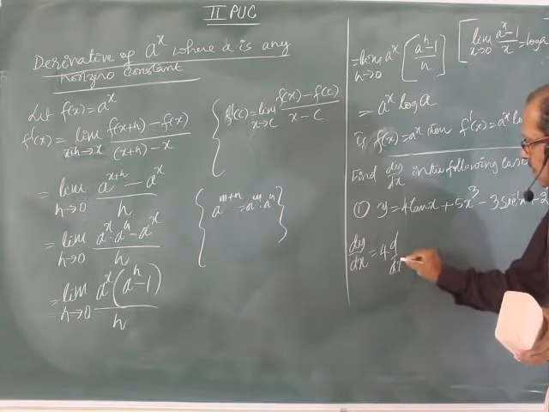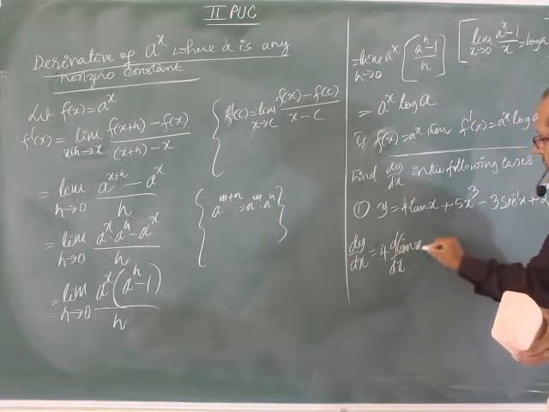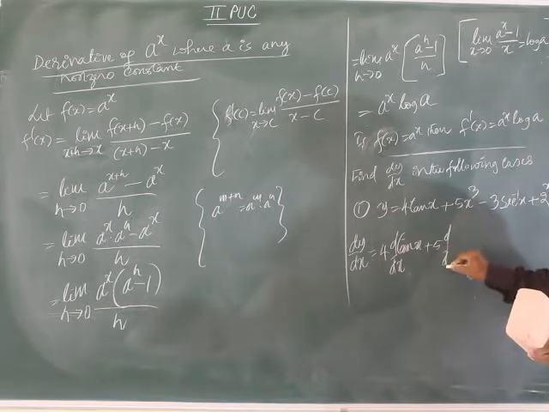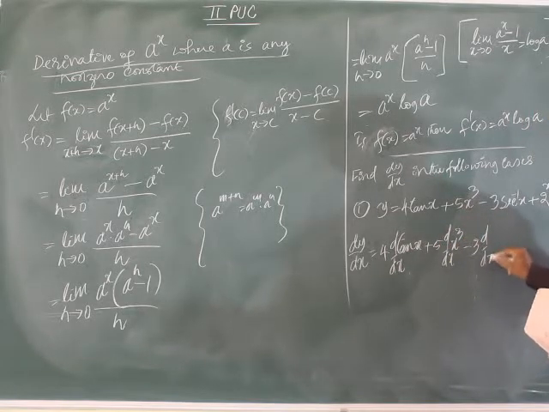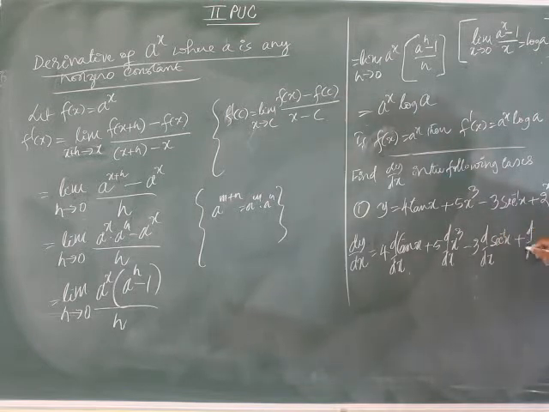dy by dx equals 4 into, shall I write directly? No, all the steps let me write. 4 d by dx of tan x, 5 d by dx of x cube, 3 d by dx of secant inverse x, d by dx of 2 to the power x. Now write the answer.